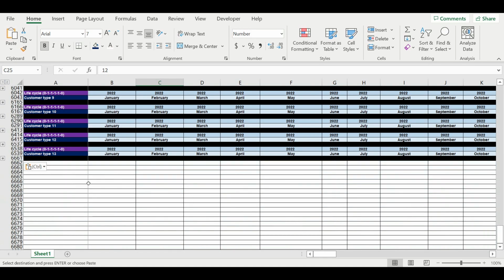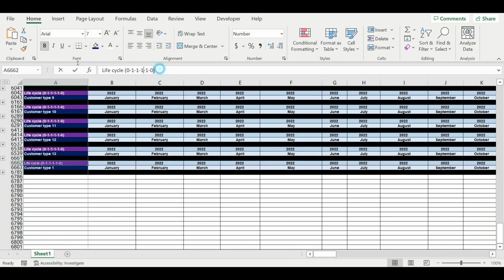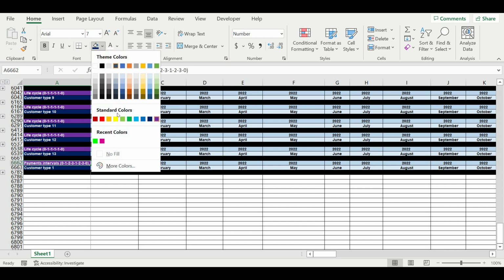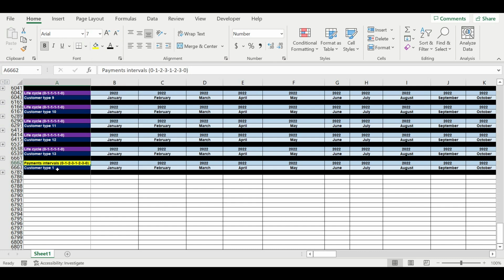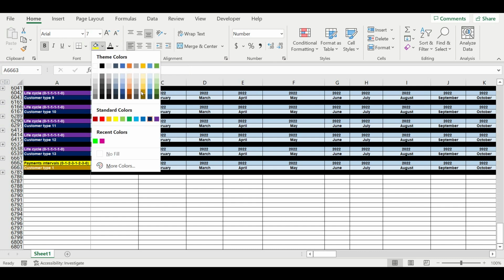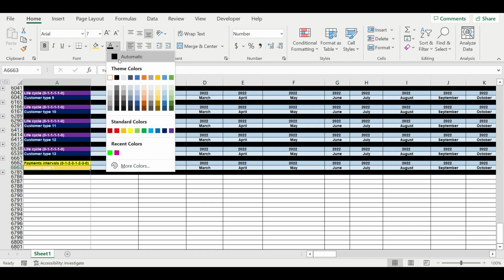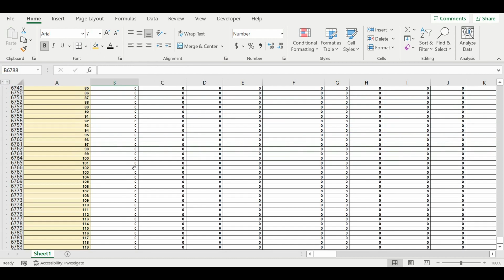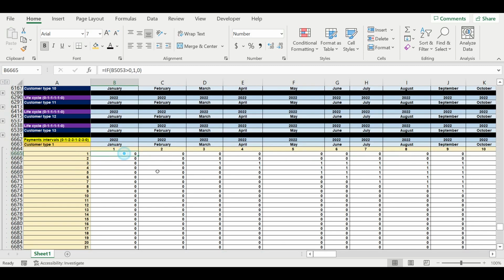We will call them payment intervals. So this will be like this. So what will be the formula?